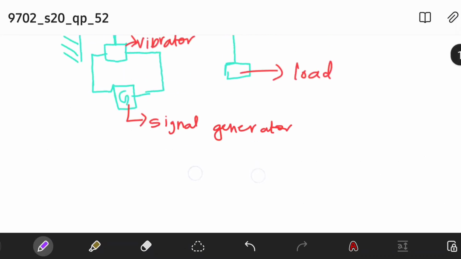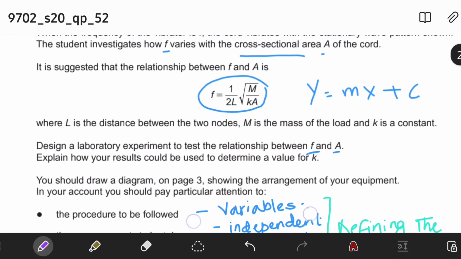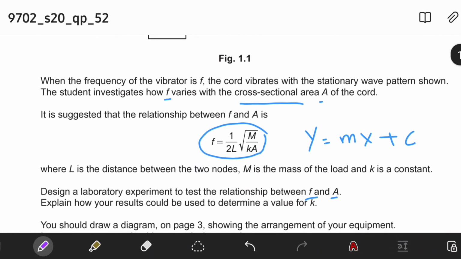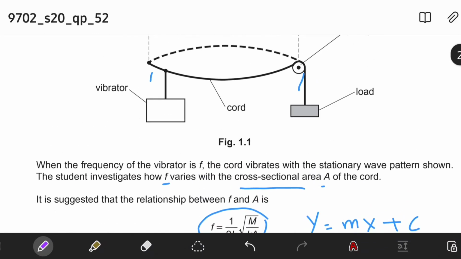Let's start the question now. The answer. So as we discussed, let's write down our independent variable. Now here, the independent variable is obviously the cross-sectional area of the cord.